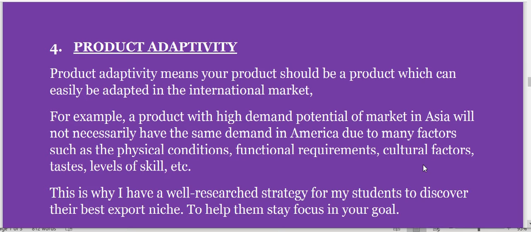For example, a product with high demand potential in Asia will not necessarily have the same demand in America due to many factors such as physical conditions, functional requirements, cultural factors, taste, level of skills, etc.